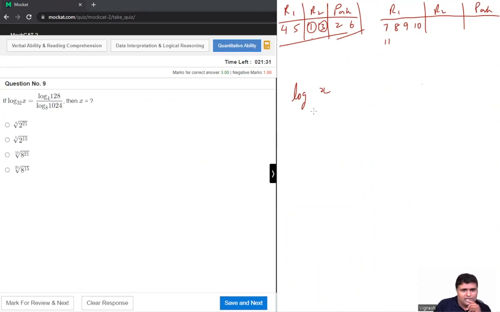So what do we do here? 32, what do I do? 2 power 5. So take this base 5 outside, 1 by 5. 128 is 2 power 7. Any of you? The powers will be helpful.